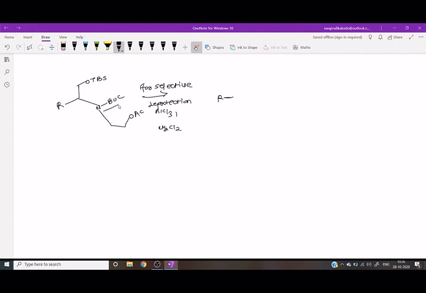Here selective deprotection from N side in presence of AlCl3, CH2Cl2. It gives OTBS, NH, OAc.